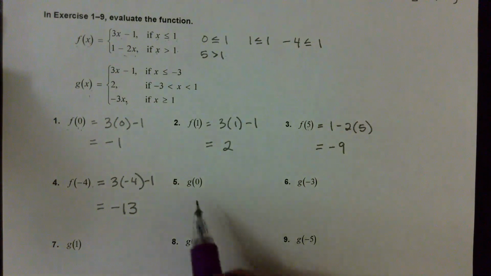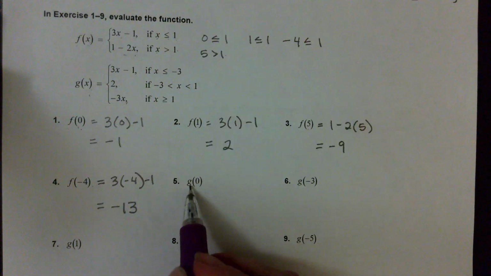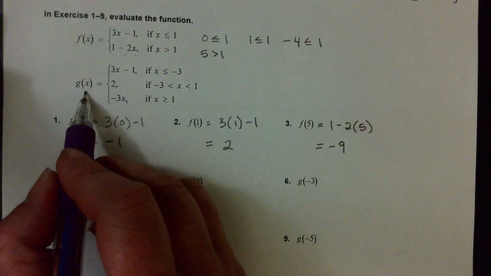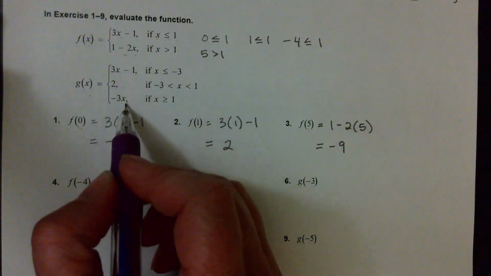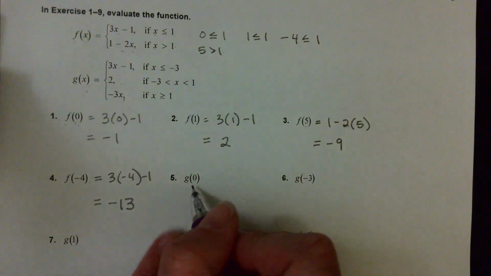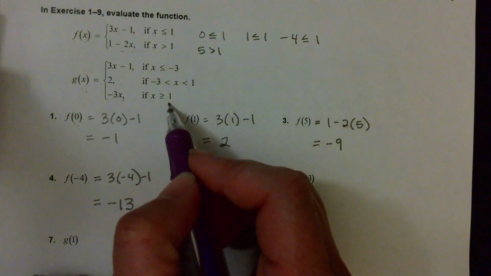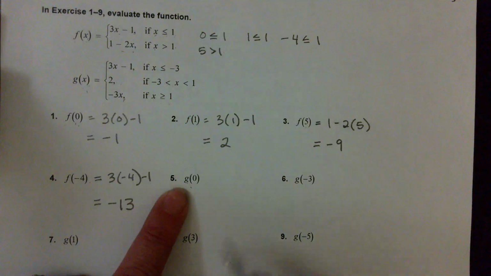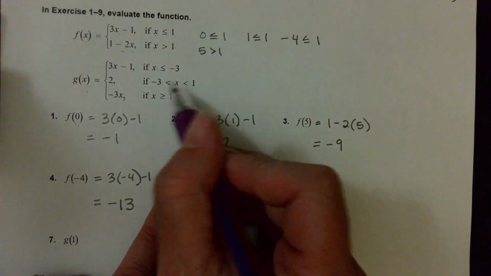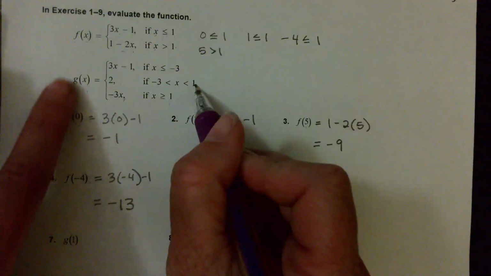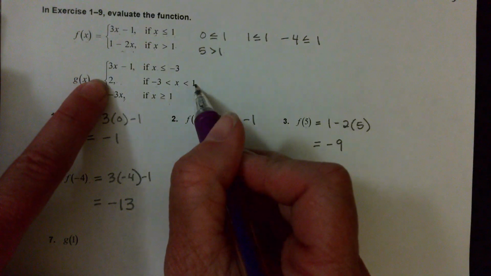For our next one, now we're looking at function g, and function g has three branches. If I look at 0, I want to see which inequality 0 makes true. 0 is between negative 3 and 1, so I'm evaluating in my second branch.